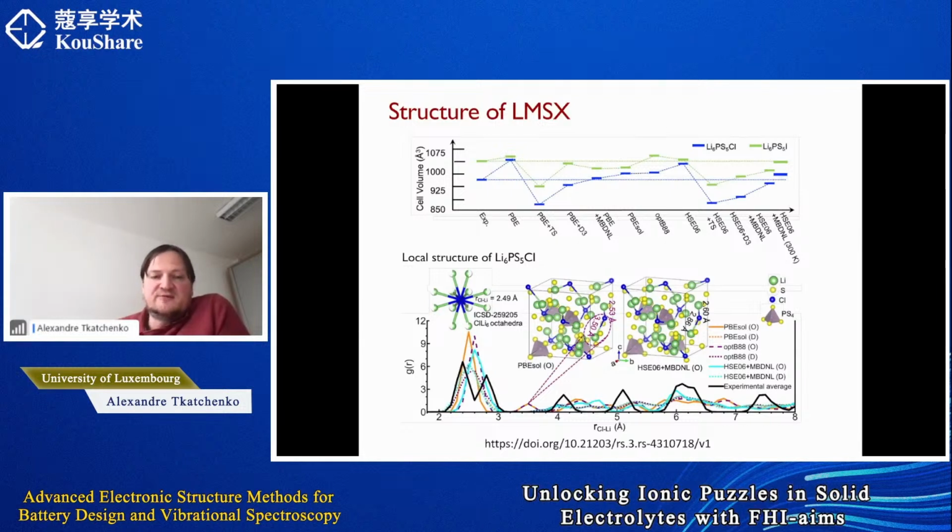So the phonon modes change qualitatively depending on which treatment of dispersion interactions you have, and we have some arguments in the paper for why the MBD-NL phonons agree better with what is experimentally observed in these systems. But I think the next step would be to train machine learning potentials on this data, simulate dynamics, and observe the actual lithium migration. This would be the next thing to do in this system.